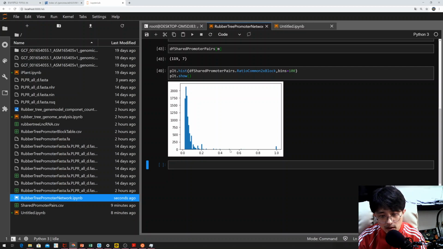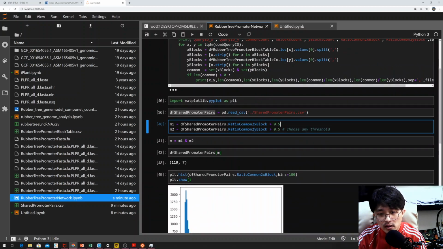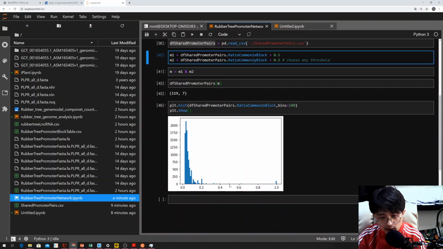That is significant, right? So this is how you can select something. But in this case, I will just select 0.5.